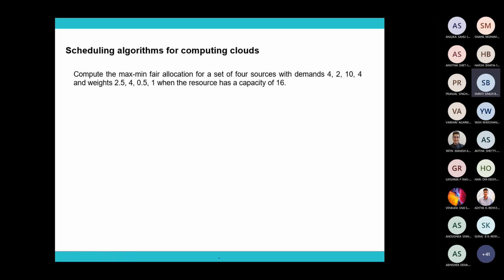Can anyone tell me, when you follow the same procedure, here the total weightage is 2.5 plus 4 plus 0.5 plus 1, which is 8.